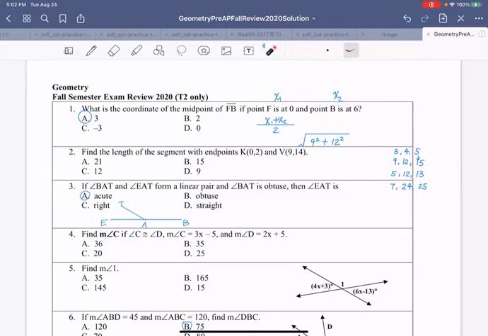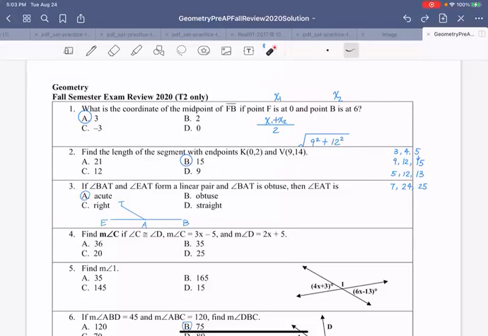It's the square root of X1 minus X2 squared plus Y1 minus Y2 squared. It doesn't matter whether you start with X or Y. Yes, there you go. And then you can plug in, okay?